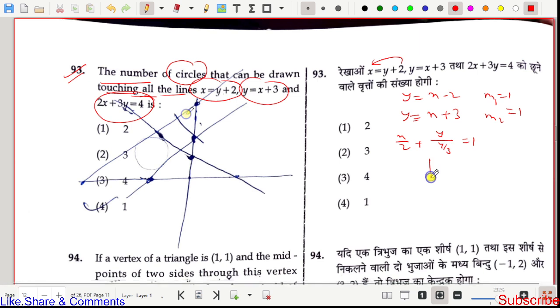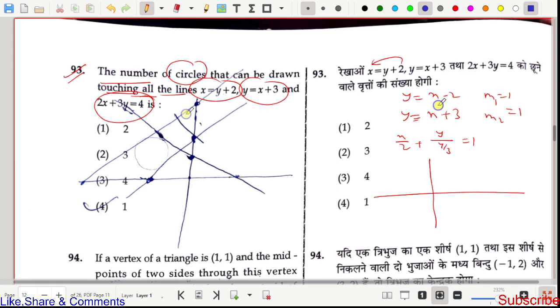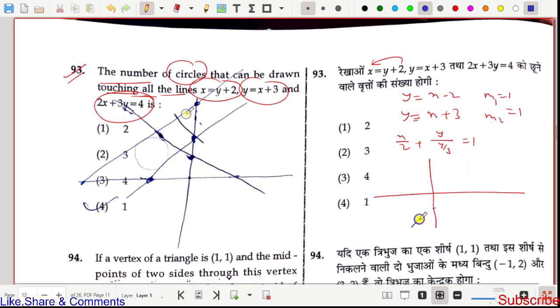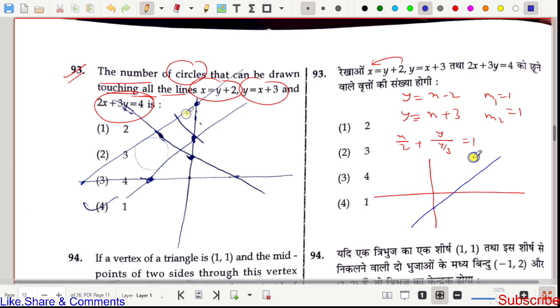Clear? Now let's draw these 3 lines. The first line is y equals x minus 2. If we put x equals 0, we get y equals minus 2, that means this side, and the slope is 1, so the line will be like this. In the second line, if we put x equals 0, y equals 3, so it will be up, and if y equals 0, x equals minus 3.